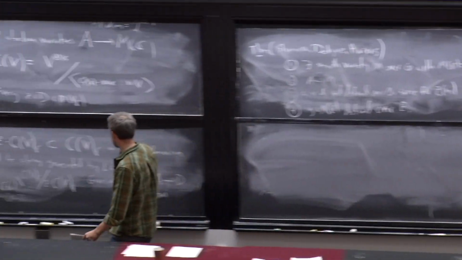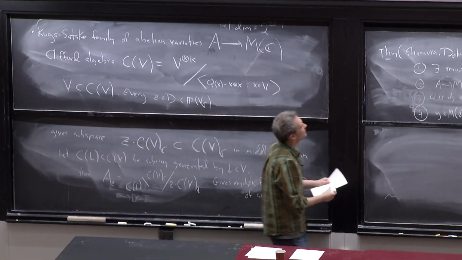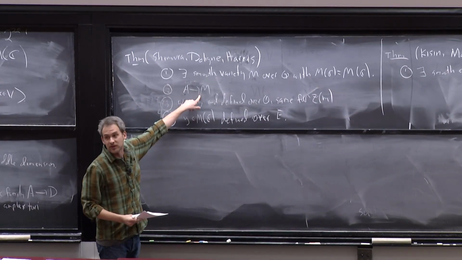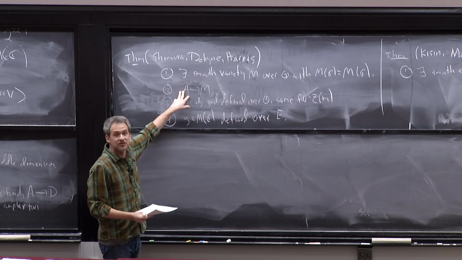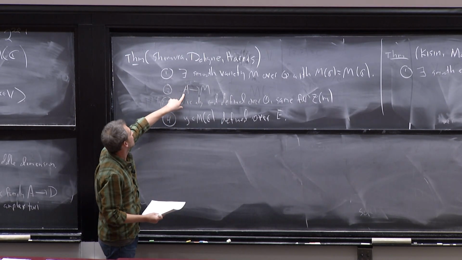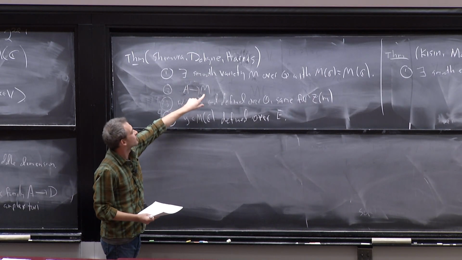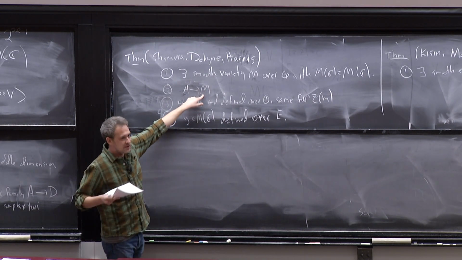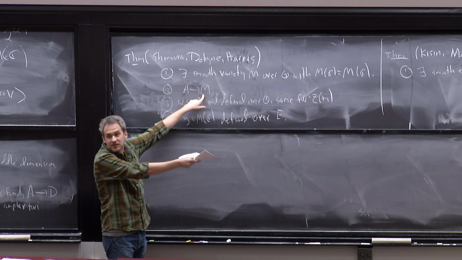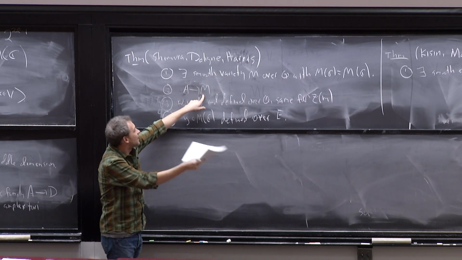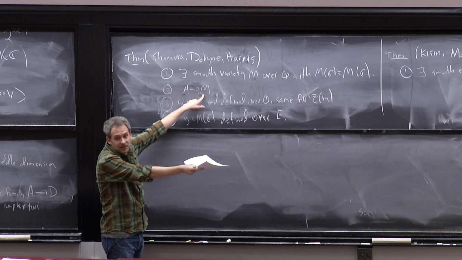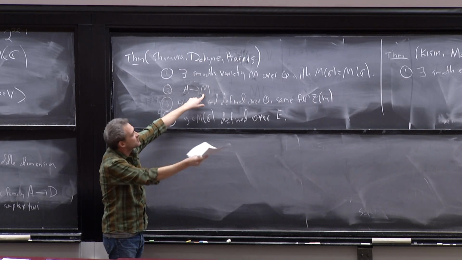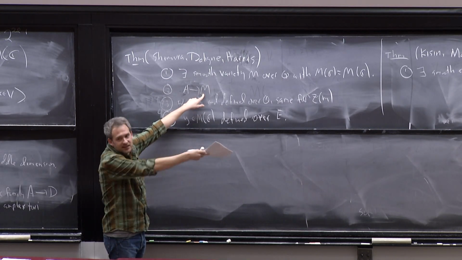The construction is, well, we've got a family of abelian varieties over M. You can endow it with a polarization in some natural way. And then just tautologically, this family of abelian varieties over M defines a map from M into the moduli space of abelian varieties of some dimension. That moduli space then has an integral model. And so now that you've embedded M into something that has an integral model, you can just take its Zariski closure.